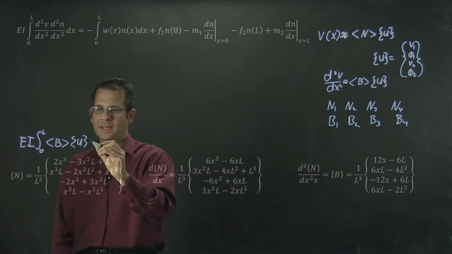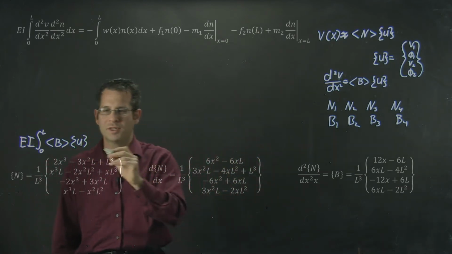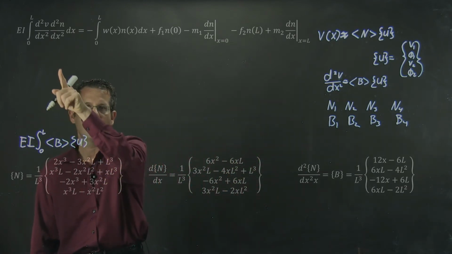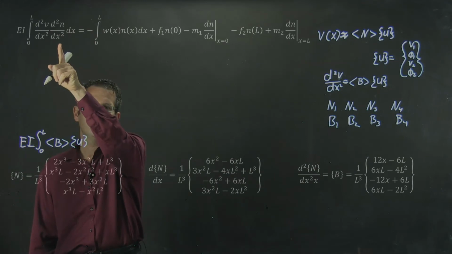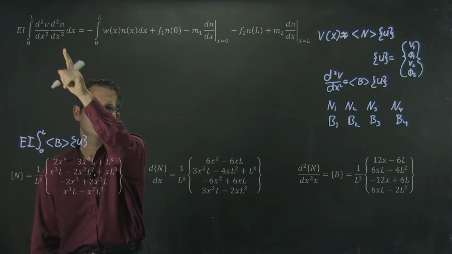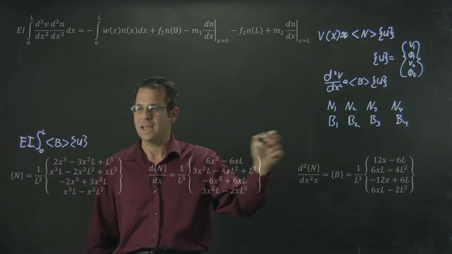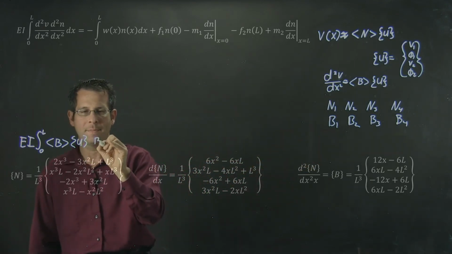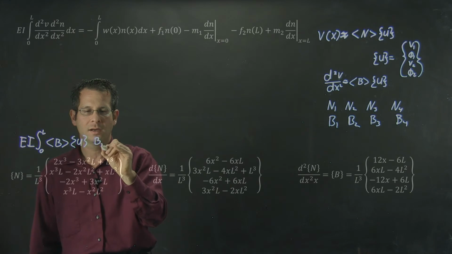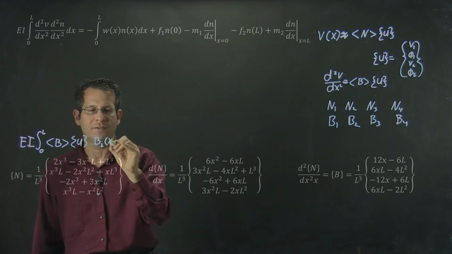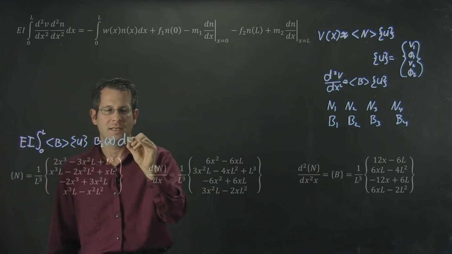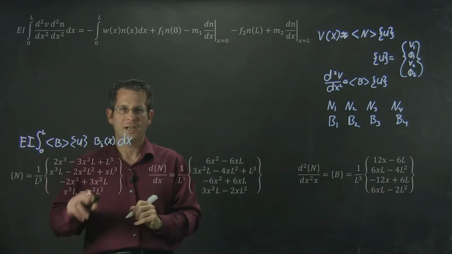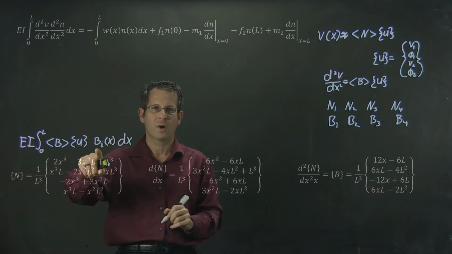So instead of doing this 4 times, I'm just going to write here the second derivative of my virtual function with respect to x. I called that b. I'm just going to write b i, again that's a function of x, dx. And just note that this represents 4 functions.